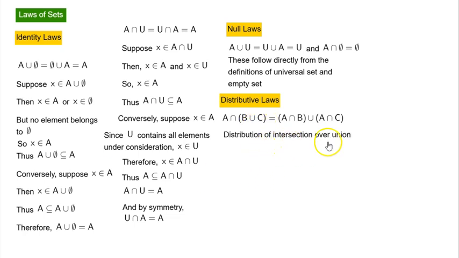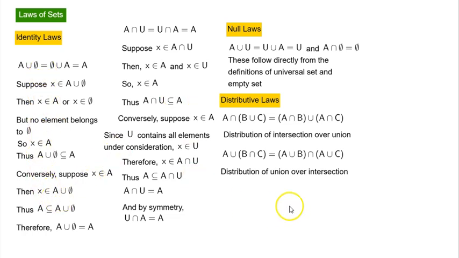And A union (B intersection C) is equal to (A union B) intersection (A union C). So this is distribution of union over intersection. We can actually go through the proof in the same manner as we have been doing till now.